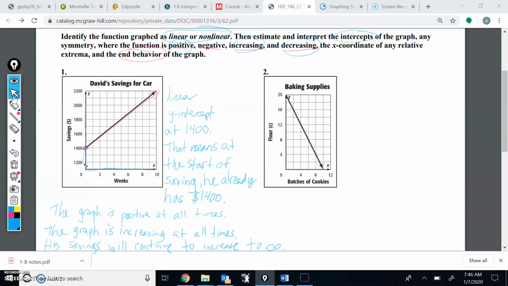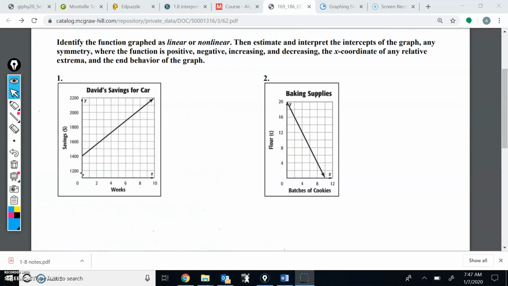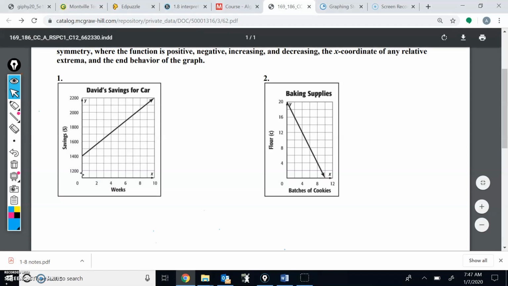Let's do another one. Number two, let's look at this graph before we answer any of the questions. We're talking about baking supplies. The x-axis is the number of batches of cookies. It looks like you can have 0, 1, 2, 4, 6, 8, 10, 12, going up by 2s on the x-axis. And the y-axis is the number of cups of flour.